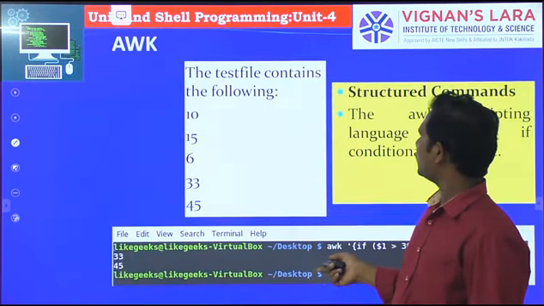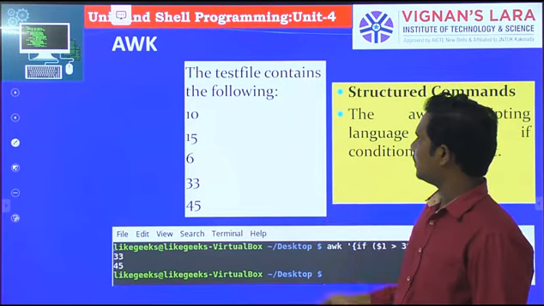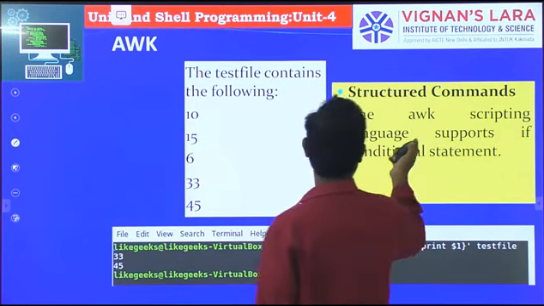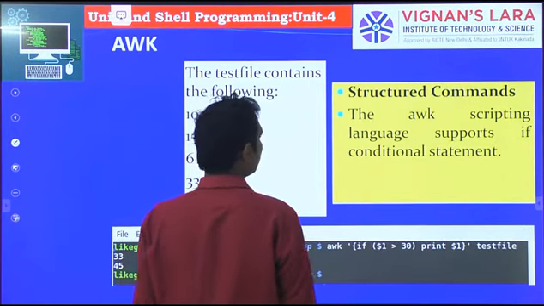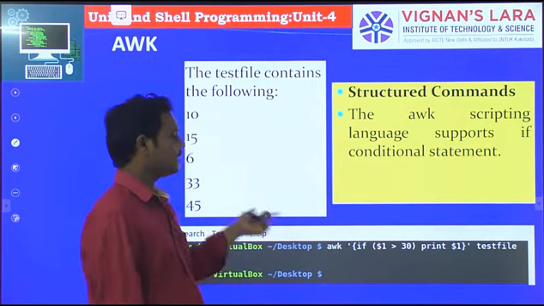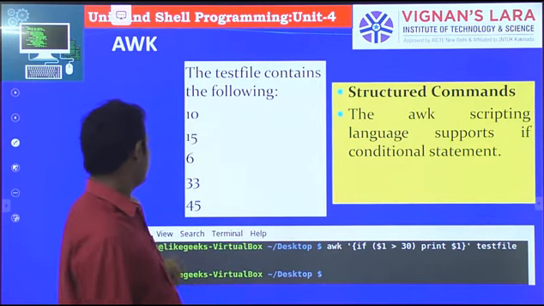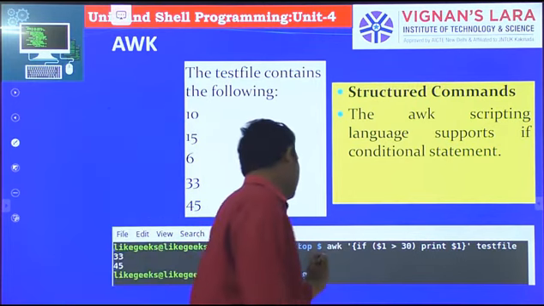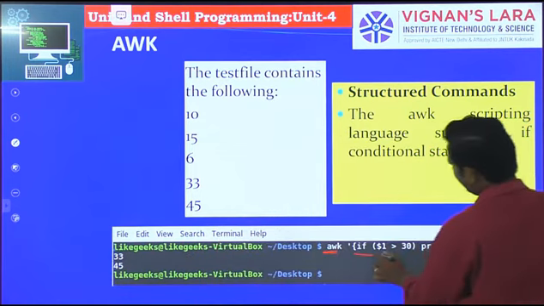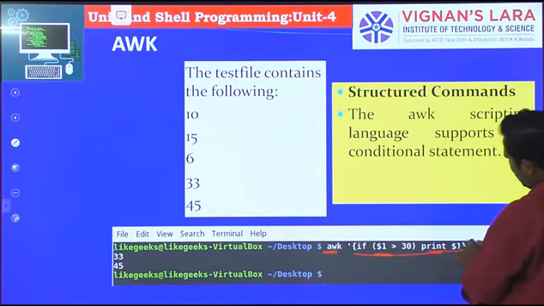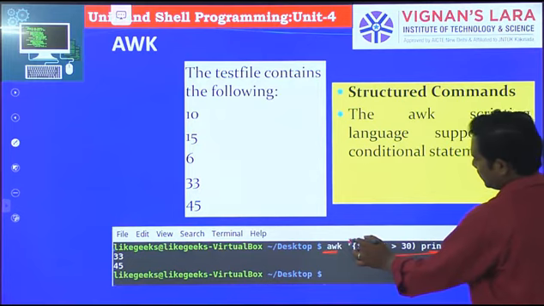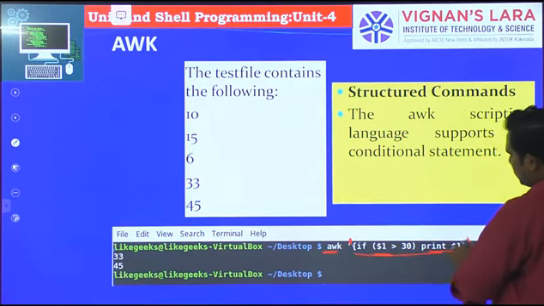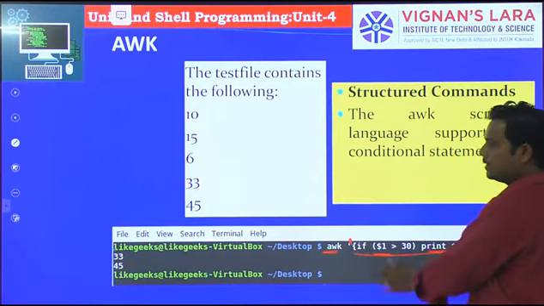Okay, next, in AWK using the structural commands, the scripting language supports the conditional statements, I told you already. So this is the output, AWK if condition, how it is used. Here starting, here ending. Compulsorily we must use the single quotations.